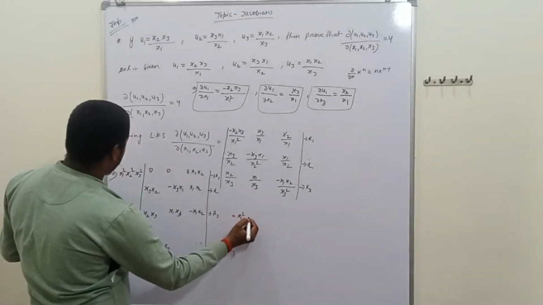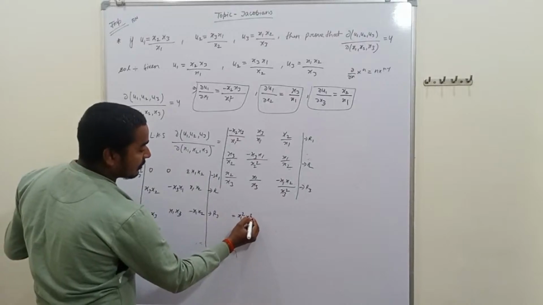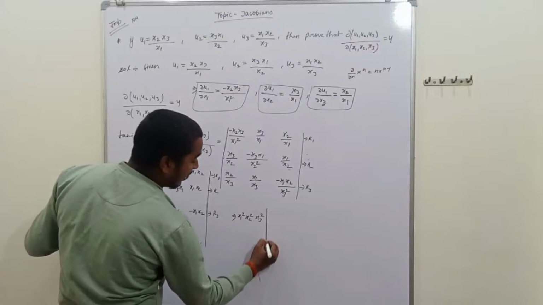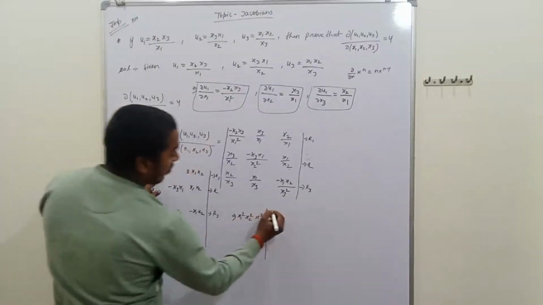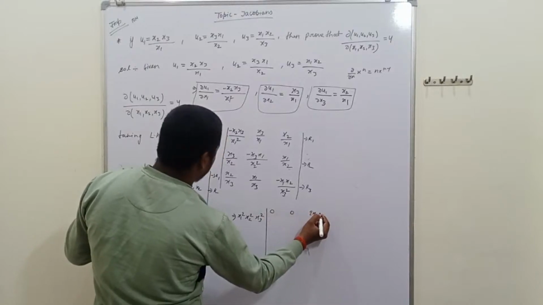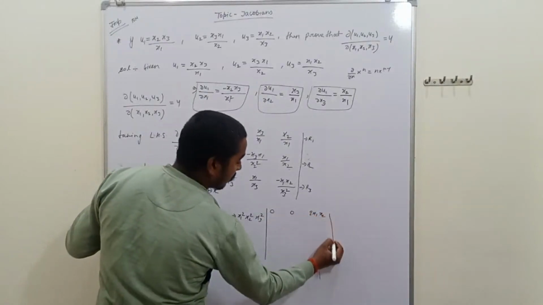x1 squared x2 squared x3 squared. In the determinant we have to take the operation, that is the first row is unchanged, that is 0 0 2 x1 x2.